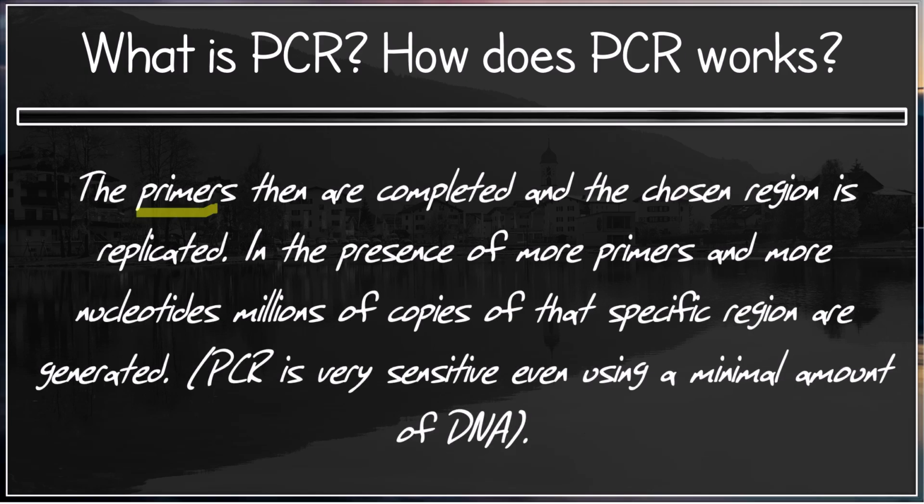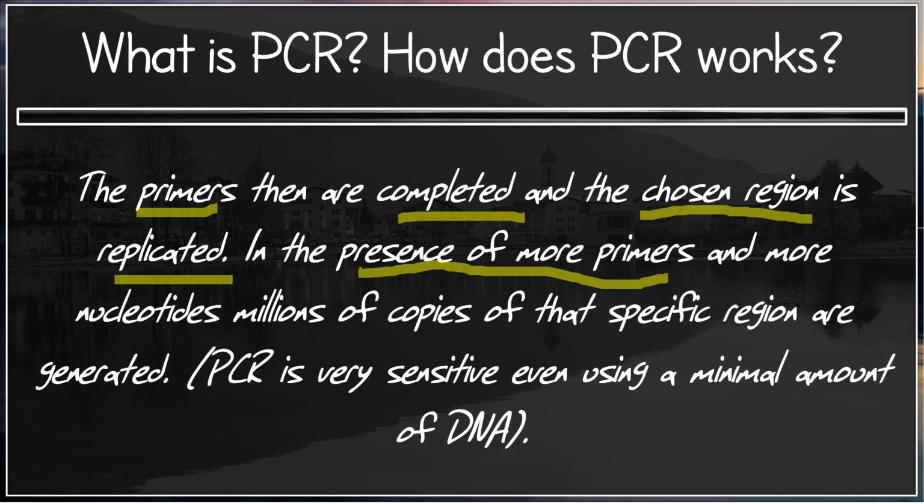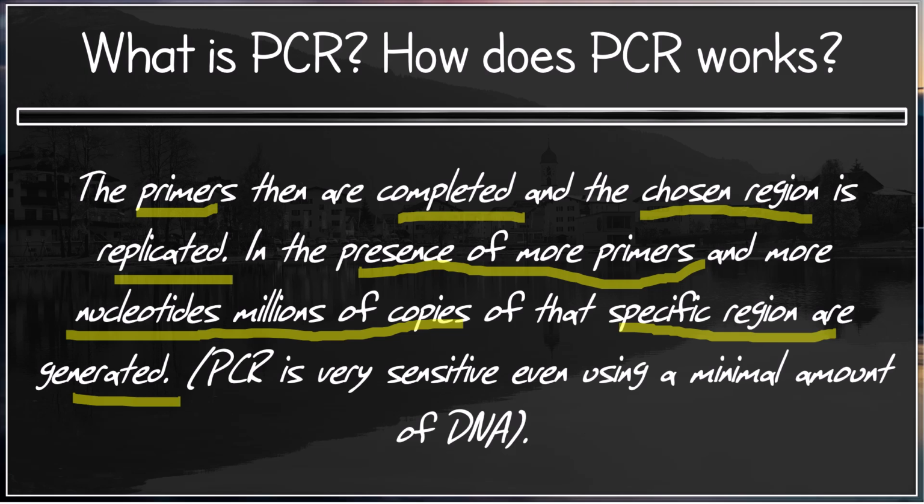Primers then are completed and the chosen region is replicated. In the presence of more primers and more nucleotides, millions of copies of that specific region are generated. PCR is very sensitive, even using a minimal amount of DNA.